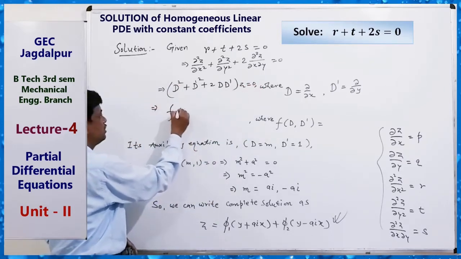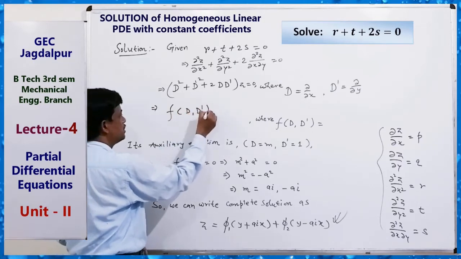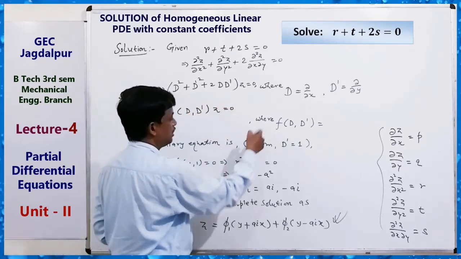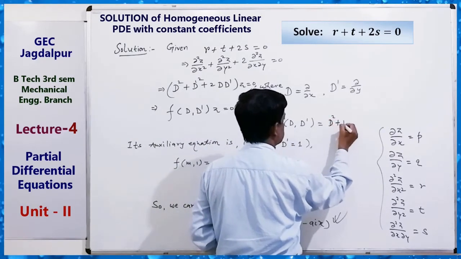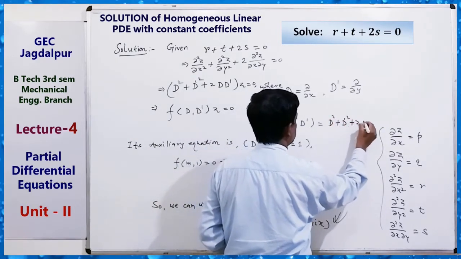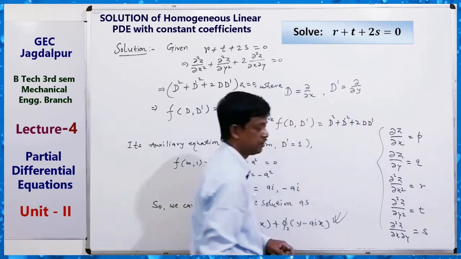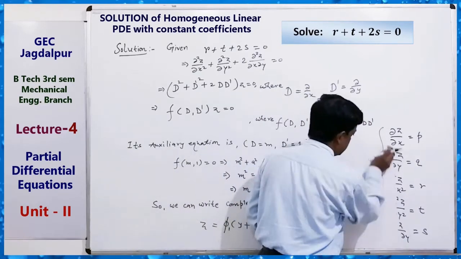Now this is f(D, D') z equals 0, where f(D, D') equals D² + D'² + 2DD'. So this was our notation.